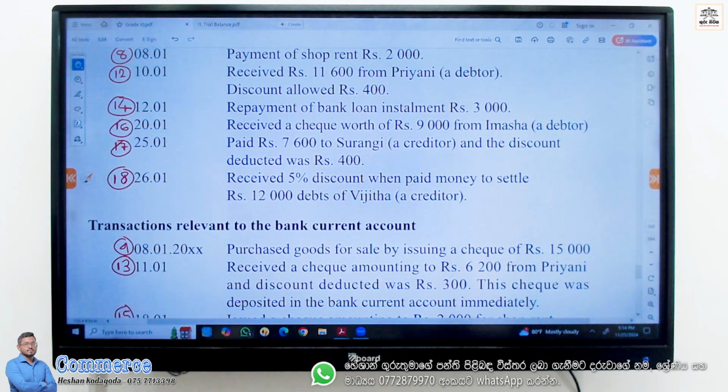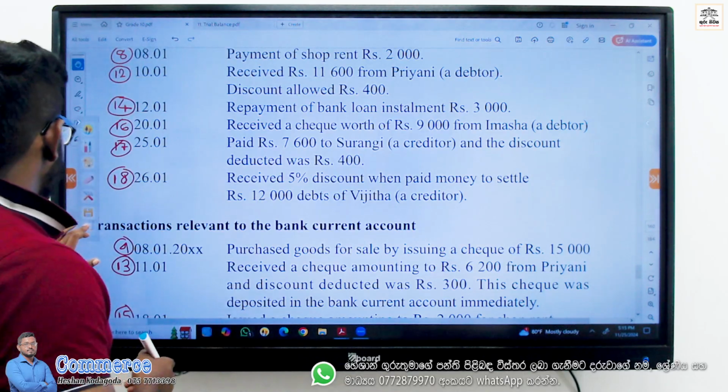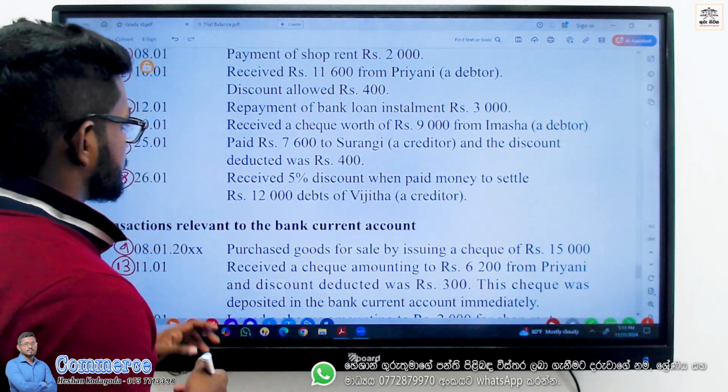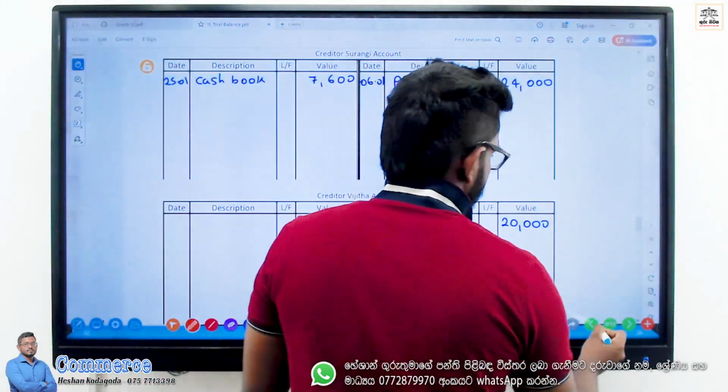Right. Just wait 1 minute. Right. So now cash payment, right? 26th of January, cash book credit.